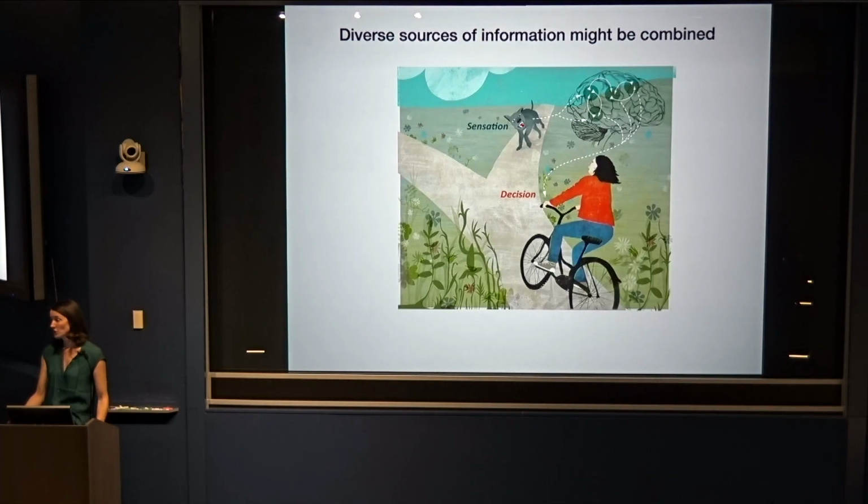So if we return to our cyclist for a moment, she might take in the sensory information from the dog, right? Maybe the size of its teeth or how terrifying its bark sounds. But she might also have a lot of internal signals that she can combine that sensory information with, right? So she might have some prior knowledge about how dangerous that particular breed is, or she might be able to pull from memory a prior experience with that particular animal.